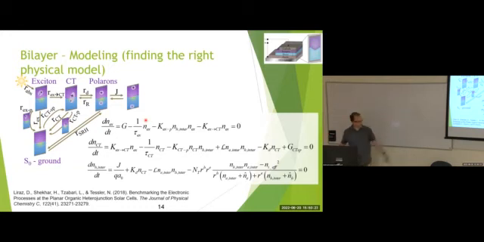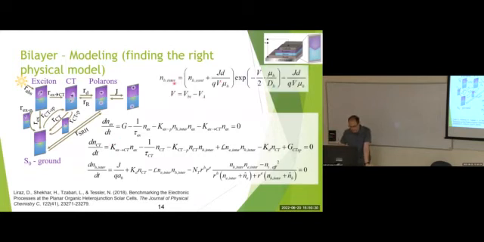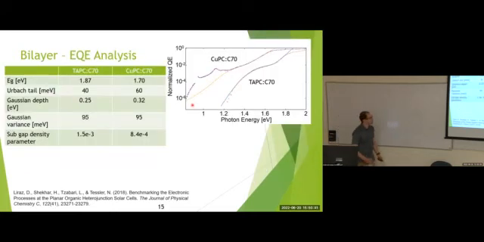And this is the minimal set in this case. So we have 3 rate equations, one for each species. And we also had this equation, which gave us the relation between the polaron density under the contact and near the interface.